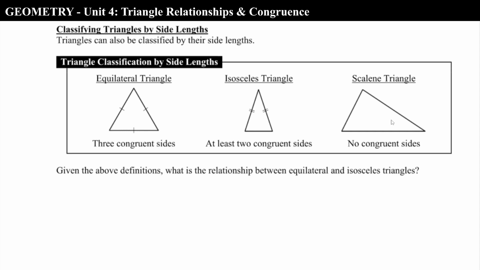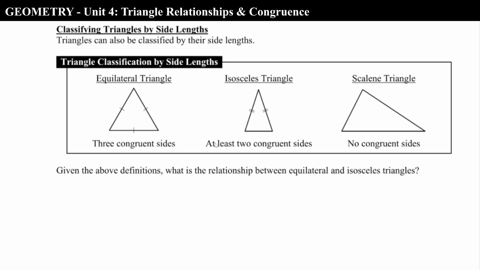So let's take a look at equilateral and isosceles. Can you see a relationship between these two? Well, if an equilateral triangle has 3 congruent sides and an isosceles triangle has 2 congruent sides, then we can say that an equilateral triangle is isosceles because it does meet the definition.